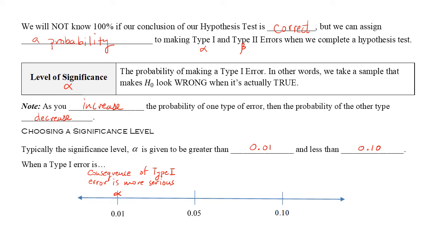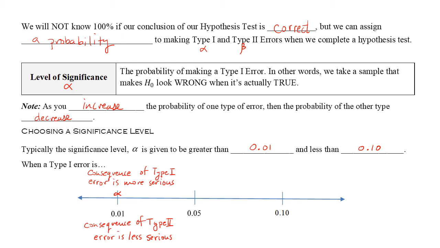And in this case, making a type 2 error would be less serious. So we can make that judgment whether it's more serious to make a type 1 or a type 2 error. And if it's more serious to make a type 1 error, then we want to choose a smaller value for alpha.